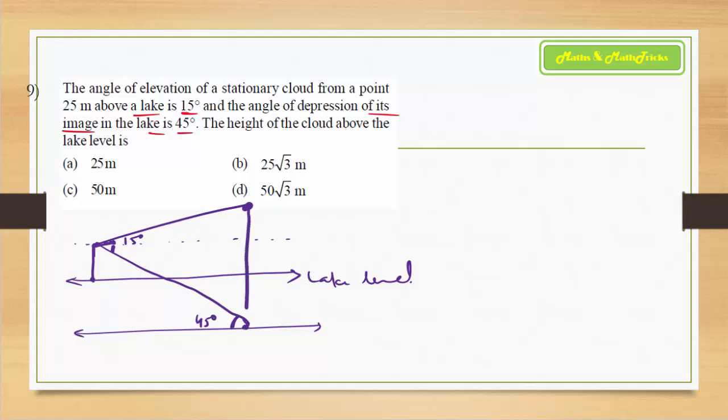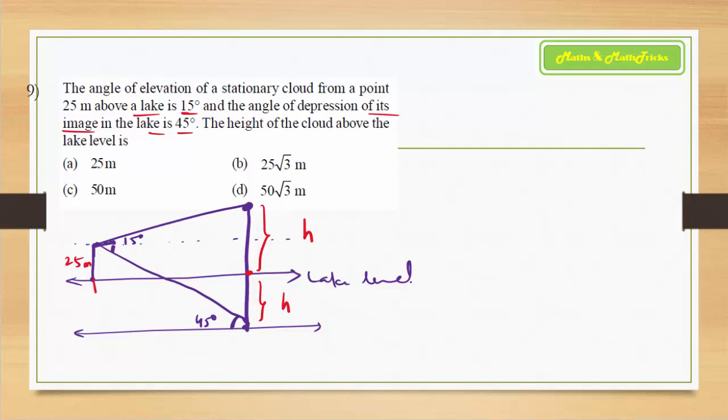This is a straight line like this. This is the lake level, this distance say h, then the corresponding distance is also h. Now this length is 25 meters.